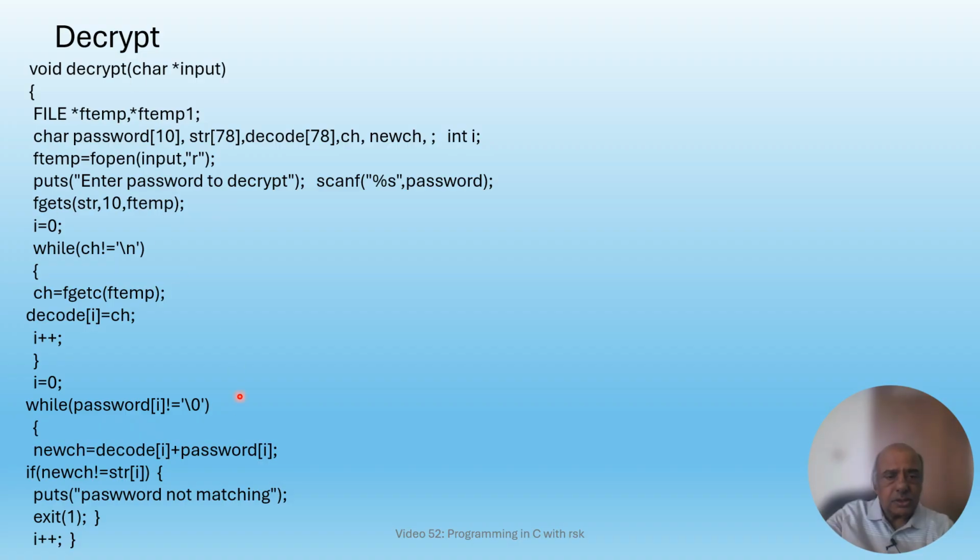Now here we check whether the password entered by the user matches the password that was used while encrypting the file and stored in the encrypted file. We compare, character by character, the password obtained from the encrypted file with the password input by the user in this decrypt program, and if all the characters match, then our program goes ahead.